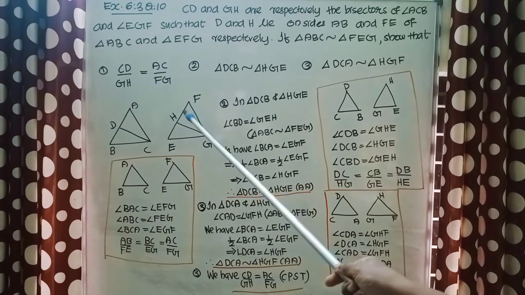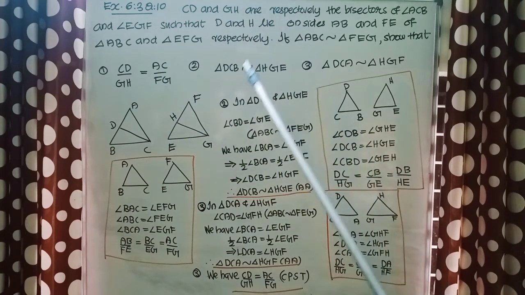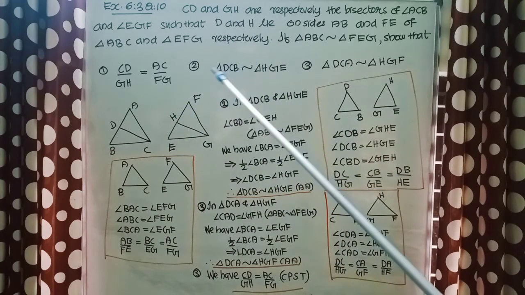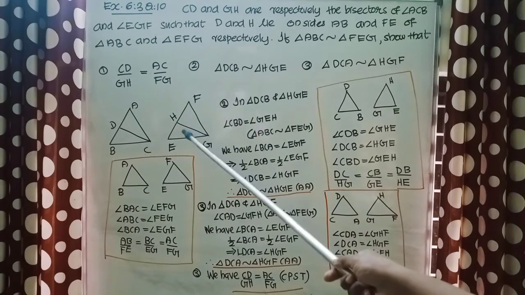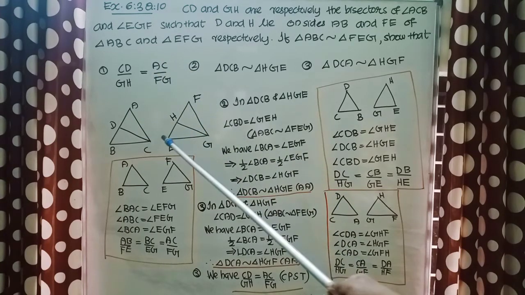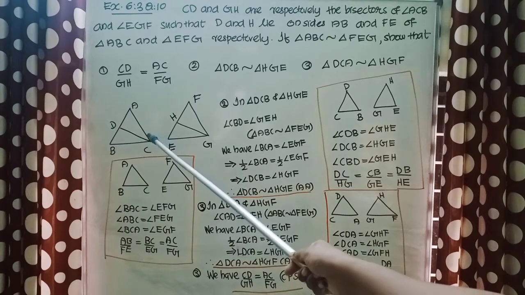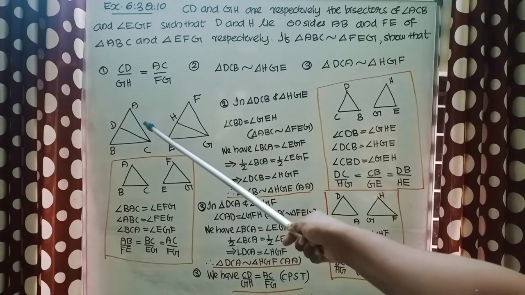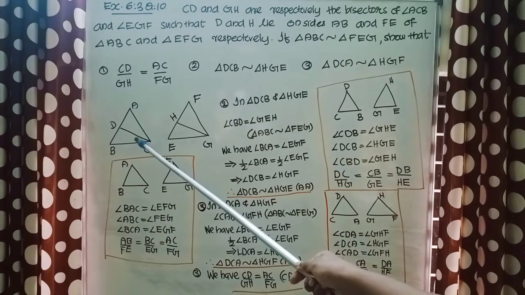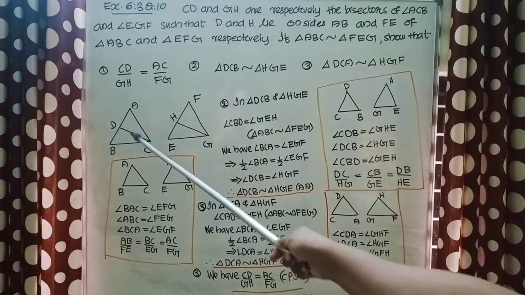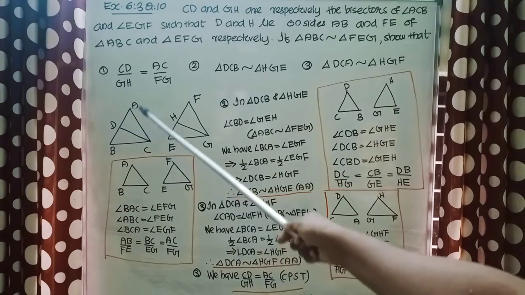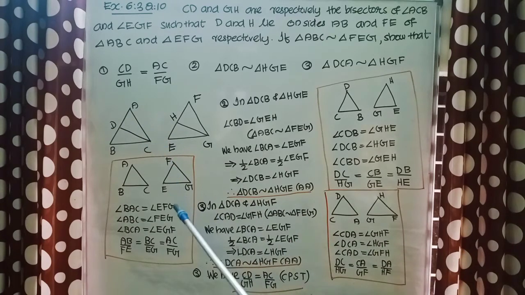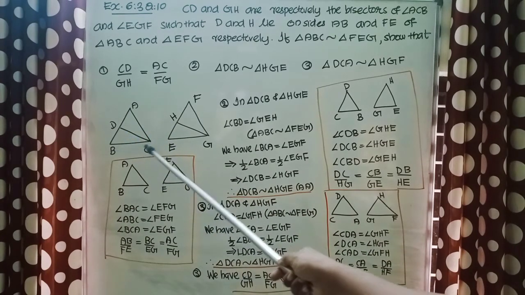First, I have drawn a figure based on the information given in the question. A triangle ABC and a triangle FEG. CD is the bisector of angle C. Bisector means it divides the angle into two equal parts. So this angle BCD and this angle DCA both are half of this angle BCA.